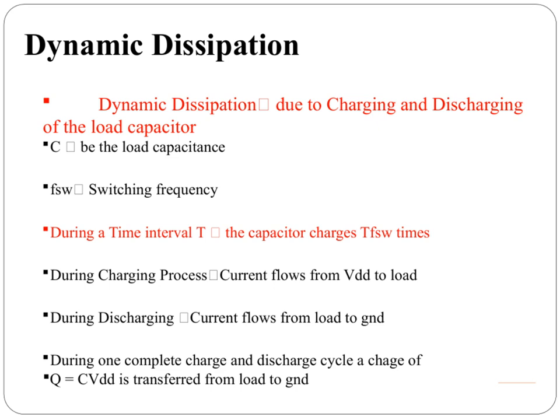Then, during discharging, current flows back from the load to ground. In one full cycle of charging and discharging, a charge equal to C times VDD is transferred from the load to ground. This recurring transfer of charge is what leads to dynamic dissipation in the circuit. Understanding this helps us grasp how switching activity impacts power consumption.